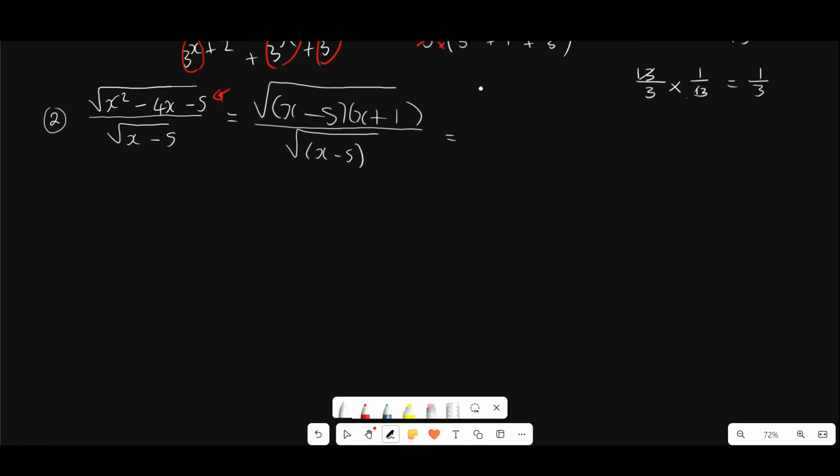So this is the same as the square root of x minus 5 times the square root of x plus 1, all divided by the square root of x minus 5, right? I can see that these two are the same, meaning I can cancel them, and hence my final answer will be x plus 1, right?